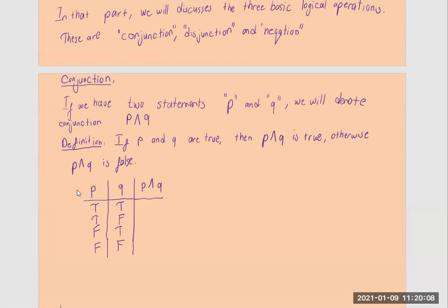So true means here is going to be true. Otherwise, the rest of that table is going to be false. And here is false and false and false. So this is the conjunction.